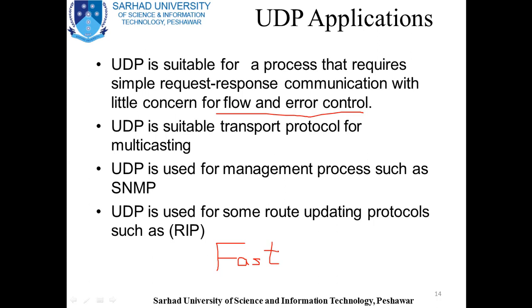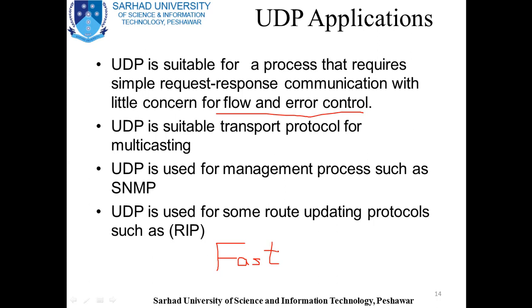So UDP is suitable as a transport protocol for multicasting as well. If you are using multicasting, you want to transmit your packet to several users within less time, you can use UDP as well. UDP is also used for management processes. We will discuss that in the coming lectures, inshallah. And the last major application provided by UDP is that it is used for route updating protocols such as RIP.